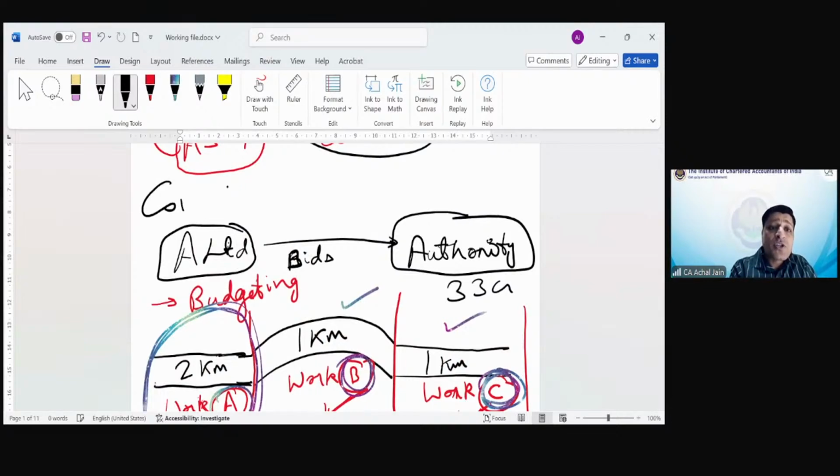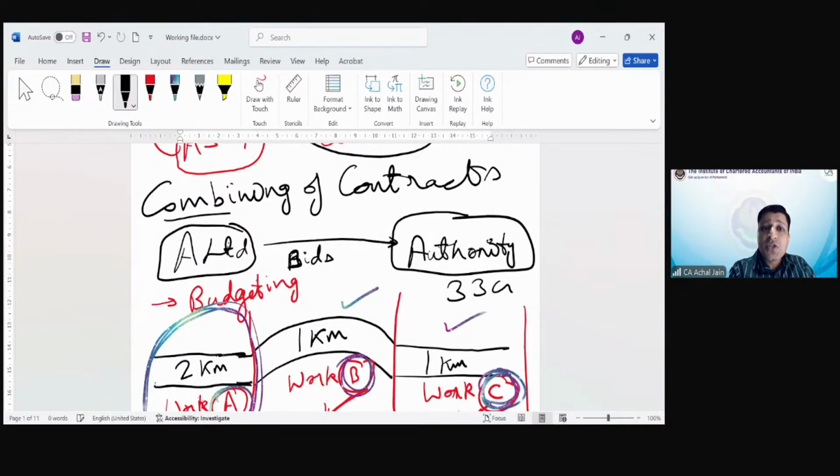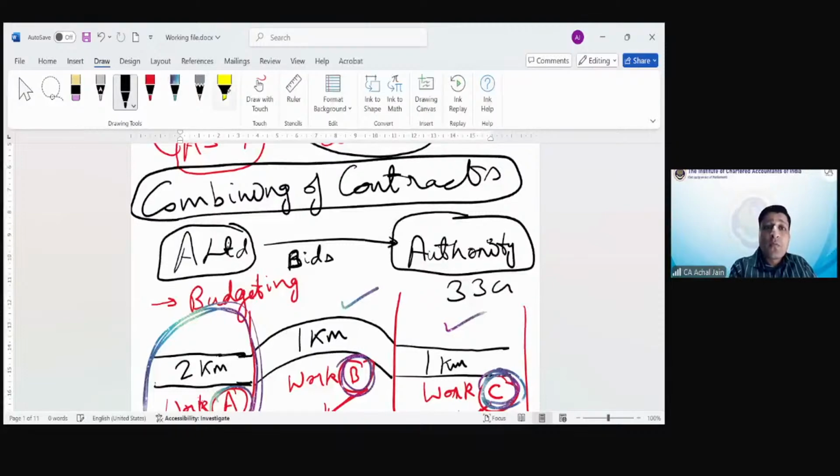Combining of contracts means a situation wherein legally you will have two or more contracts, but still for the purposes of accounting, you will not consider those as separate contracts.